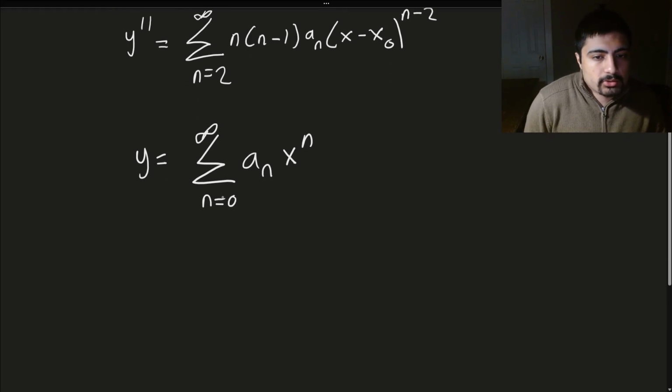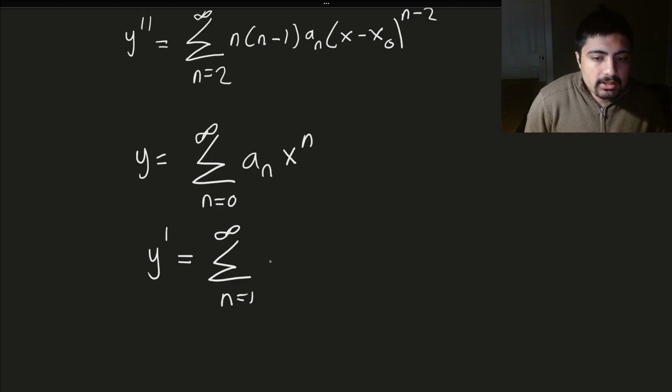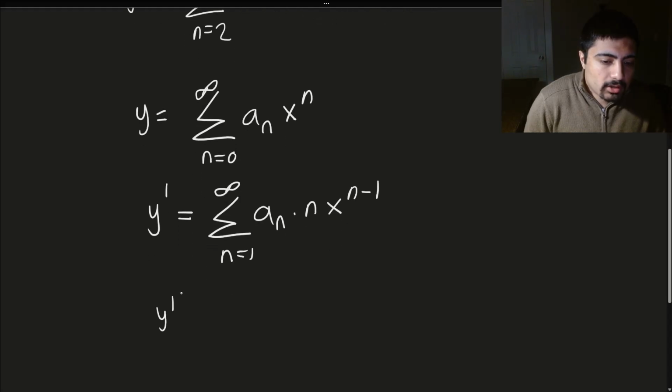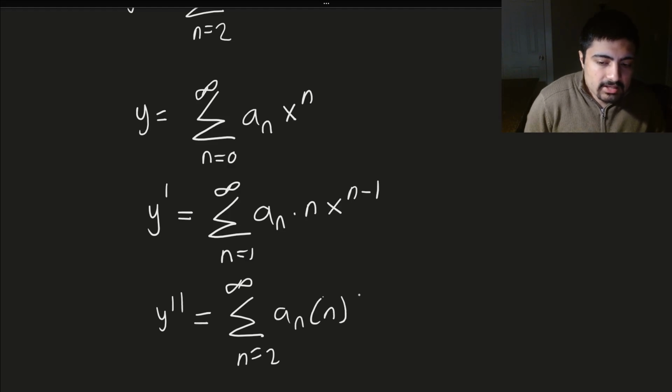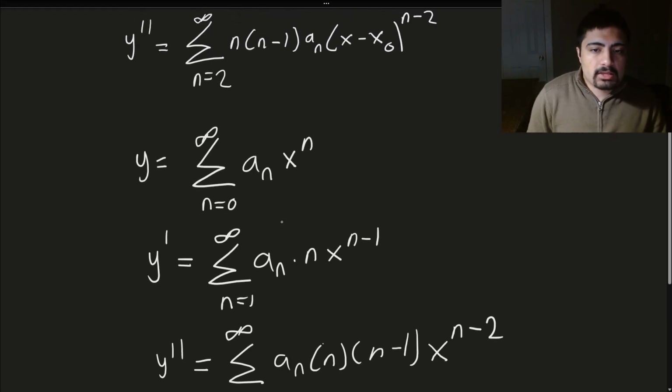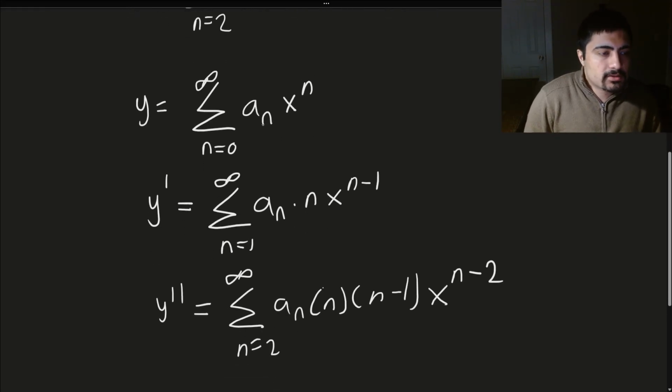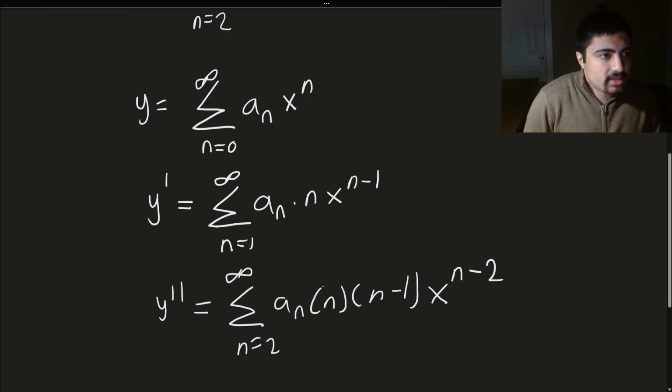Because our x0 is considered to be 0, our first derivative will be sigma n equals 1 to infinity, a sub n times n, x to the n minus 1, and the second derivative will be y double prime equals sigma n equals 2 to infinity, a sub n times n times n minus 1, x to the n minus 2 power.